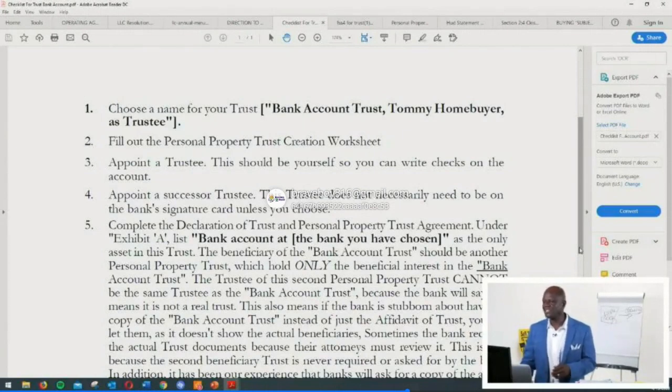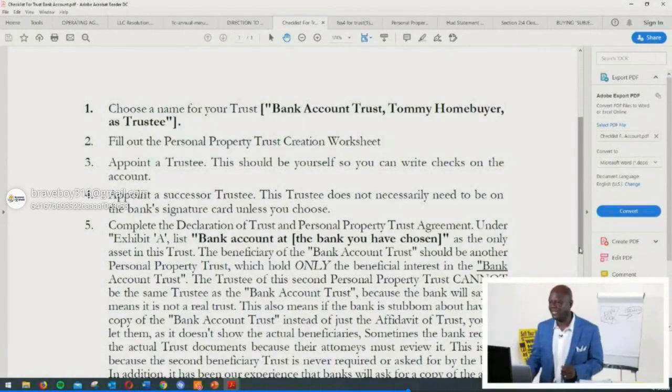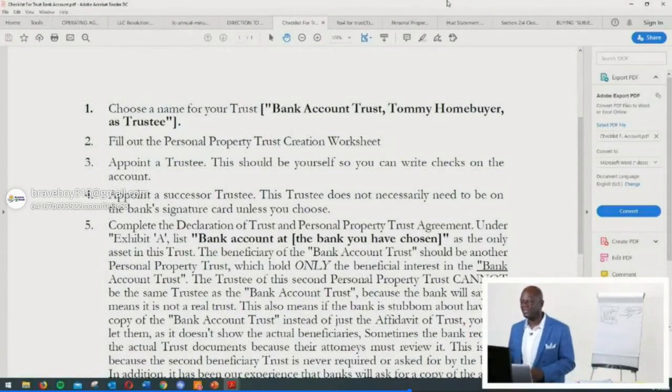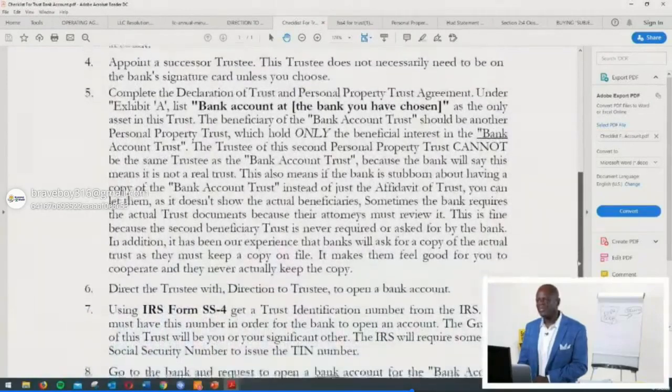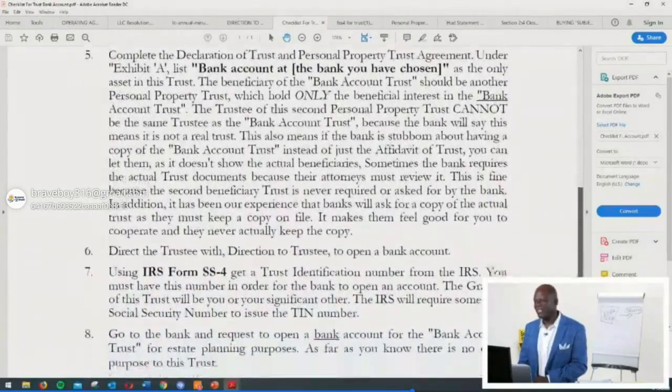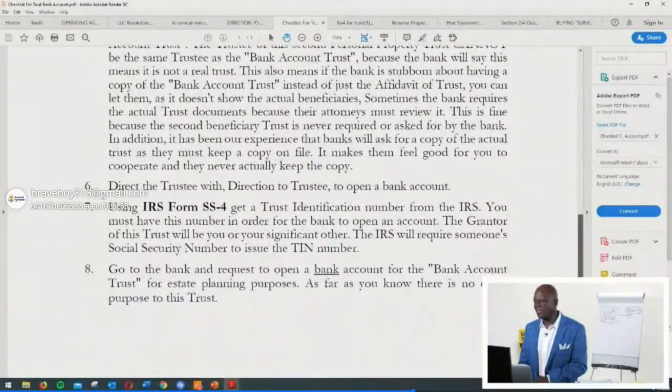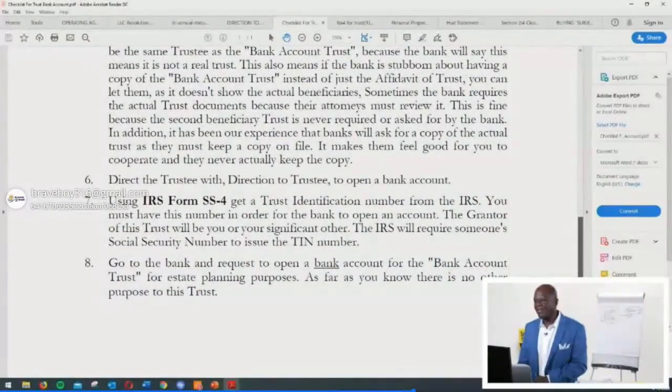You're going to appoint a trustee who's going to be you, so that you can write checks and everything on the account. You can appoint a successor trustee, but they don't actually have to be on the signature card right now unless you elect to do so, because they're going to be named in the trust agreement, and the bank would have to honor that. You're going to do the declaration of trust agreement that we talked about earlier. And then you're going to direct the trustee to open a trust bank account.